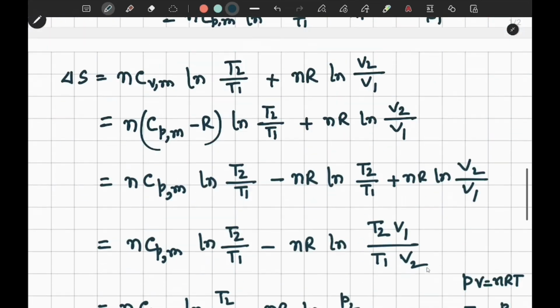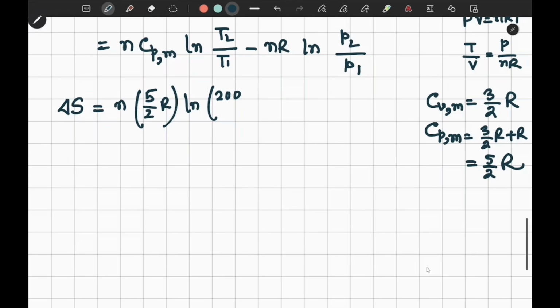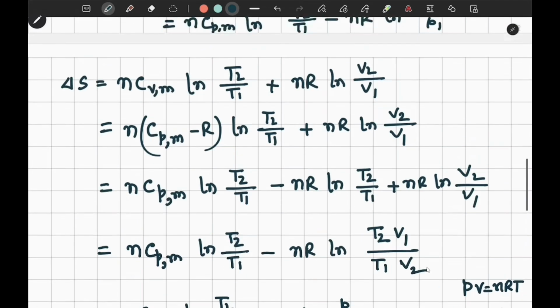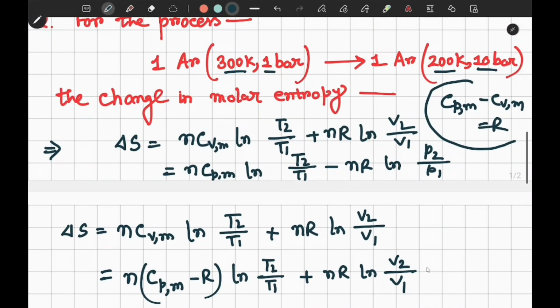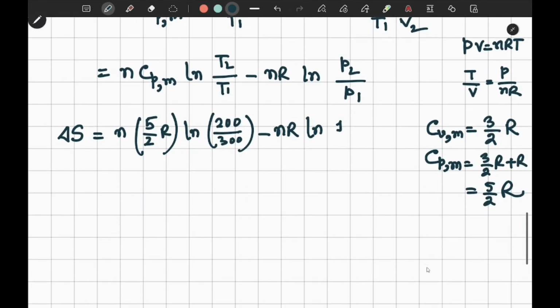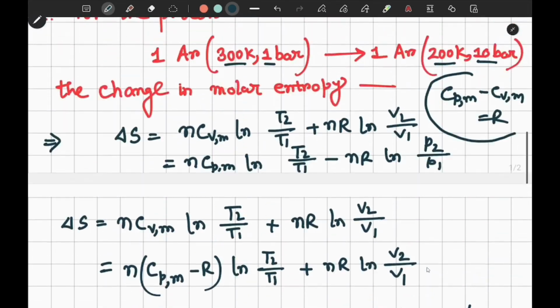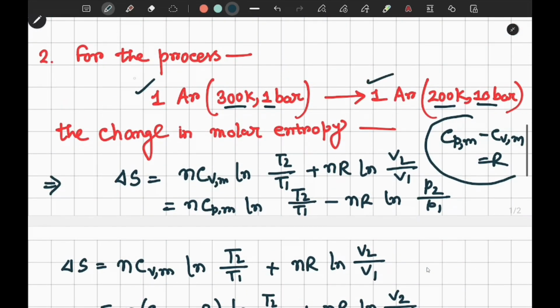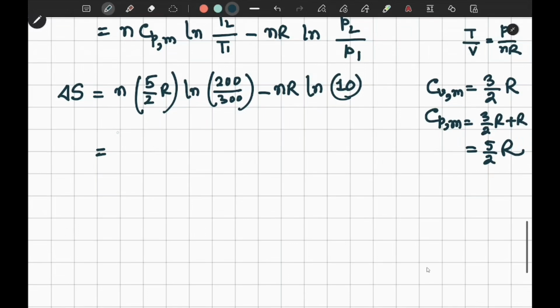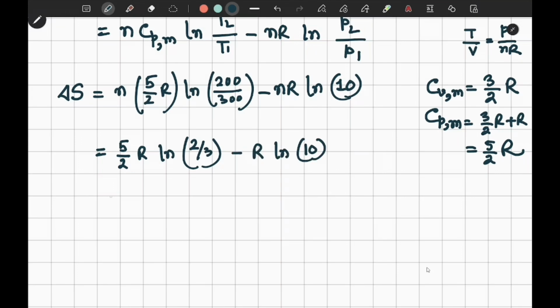It will be 200 by 300 minus NR ln P2 by P1. What is P2 by P1? So 10. And what is the N? N is 1 mole of gas. So we can ignore the N. So it will be 5 by 2 R ln 2 by 3 minus R ln 10. So we have to calculate this.